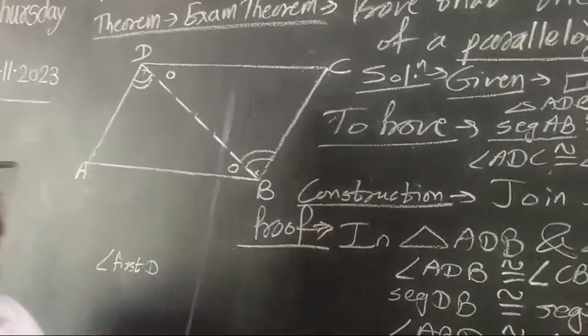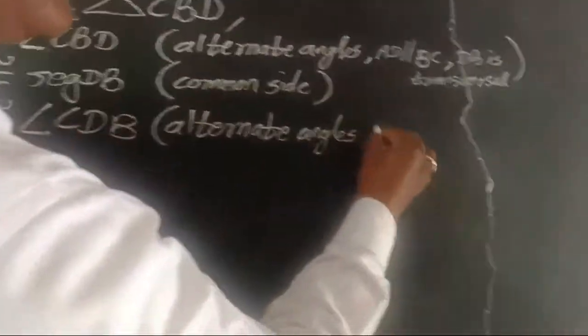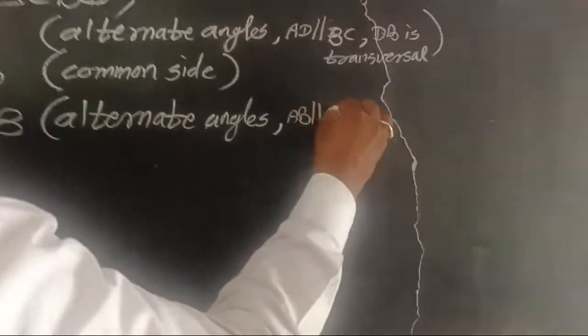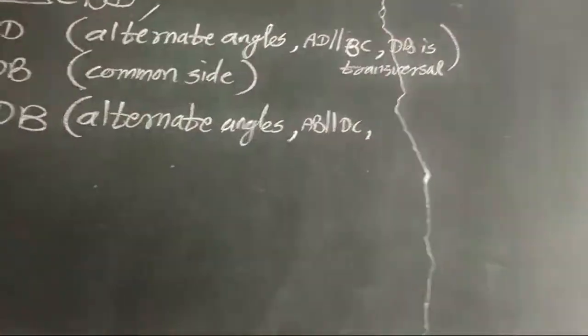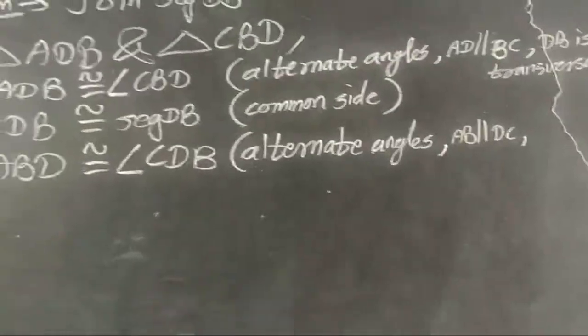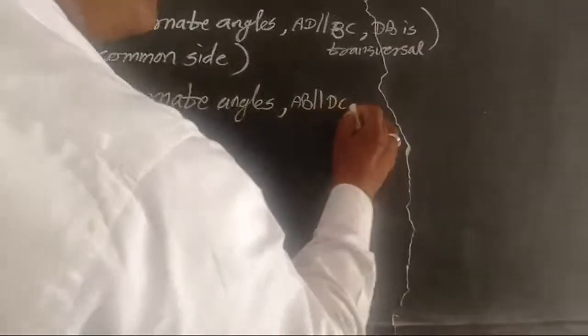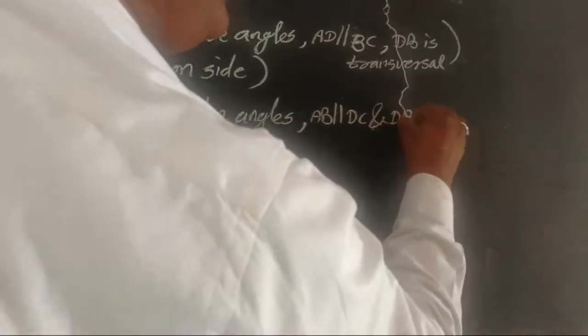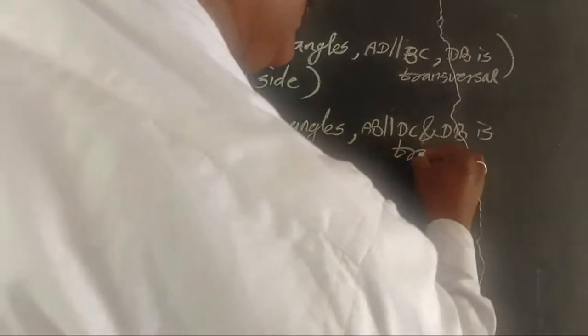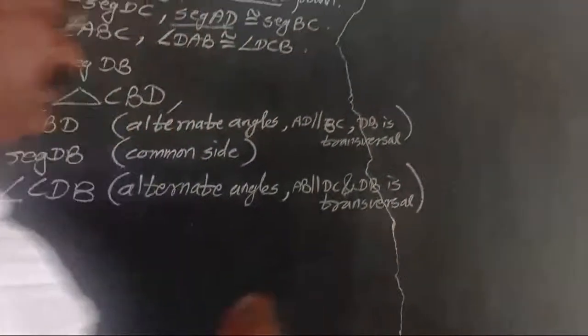AB and DC. AB is parallel to DC and the transversal is DB.